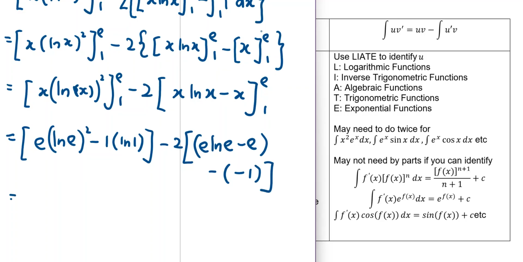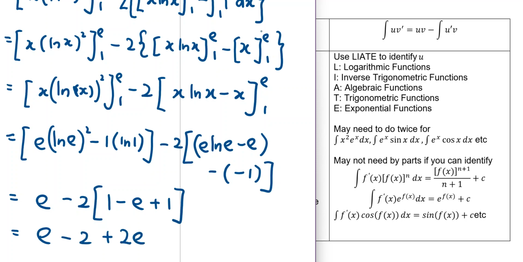Okay, so I'm going to have e, that's 0, minus 2, open bracket, that will be a 1, minus e, plus 1, and my final answer is going to be e minus 2 plus 2e. No, it's going to be simplified like this.